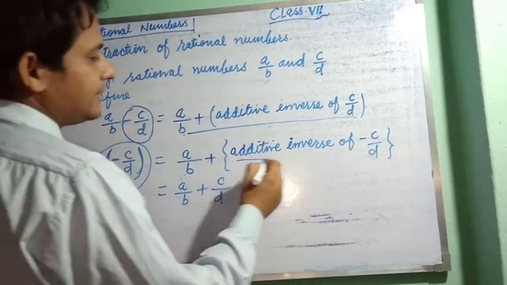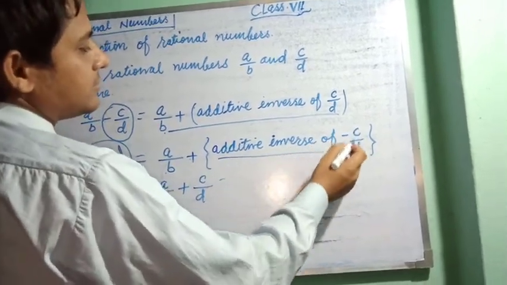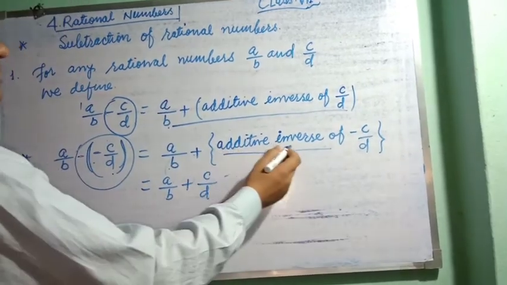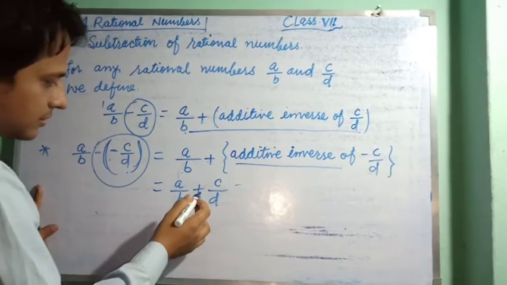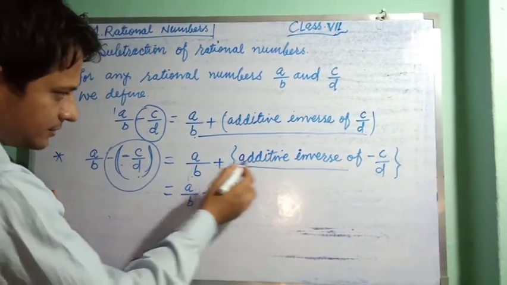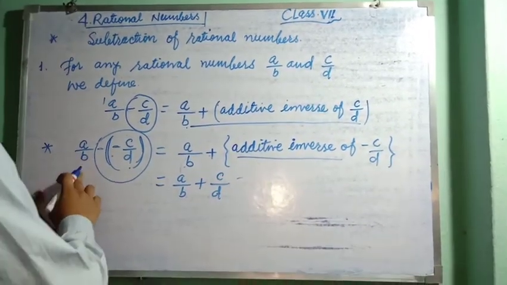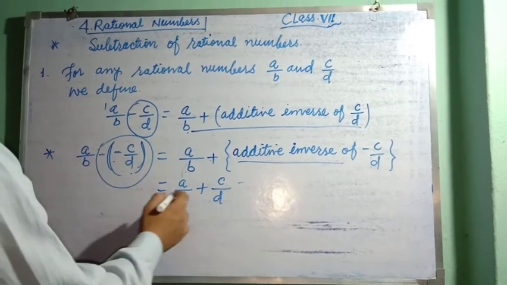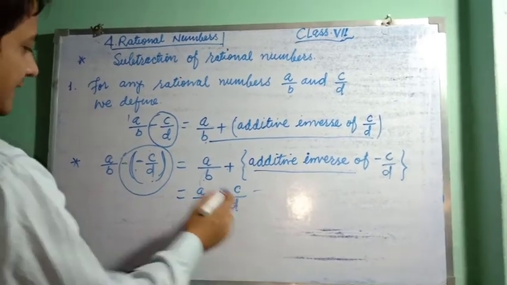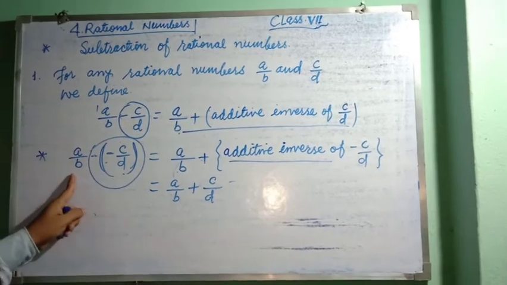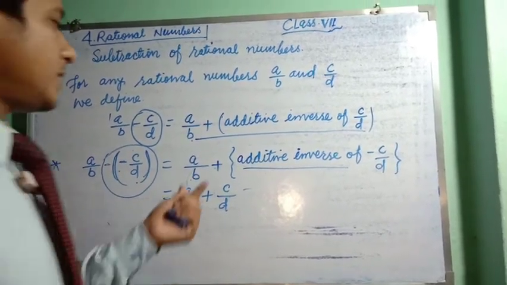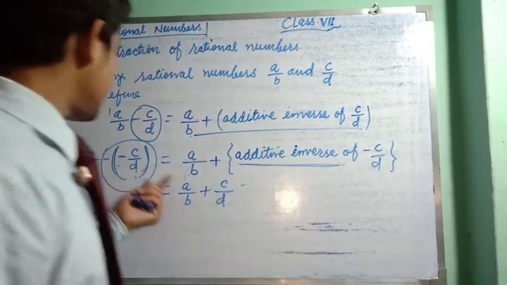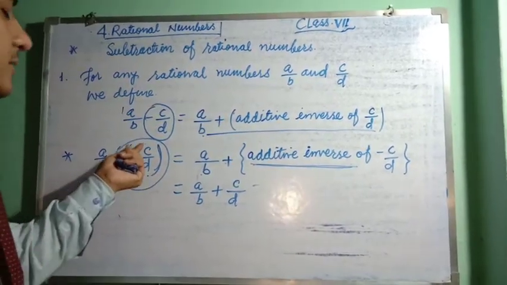The additive inverse of minus c by d gives us plus c by d. So a by b minus bracket minus c by d gives us a by b plus c by d, or we can directly multiply minus into minus to get plus c by d. But you have to know that this gives us the additive inverse of minus c by d.